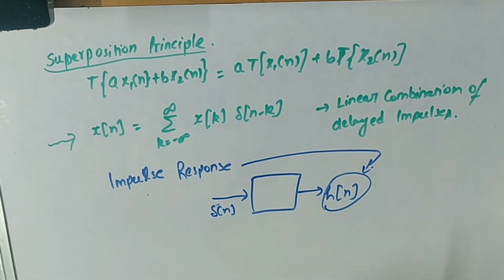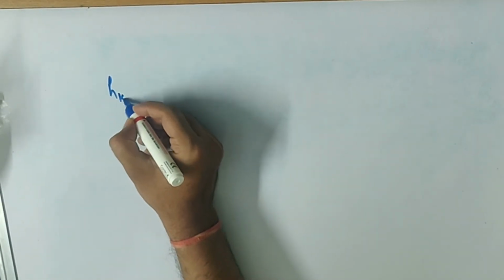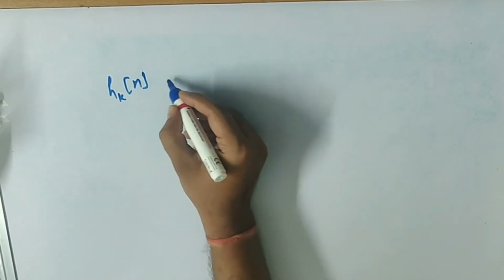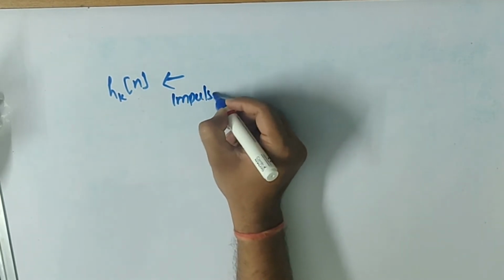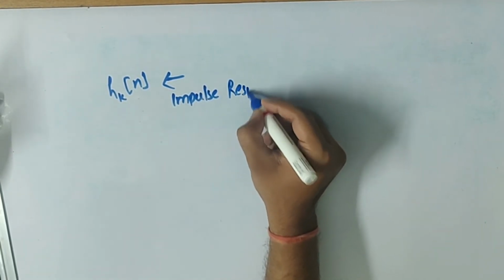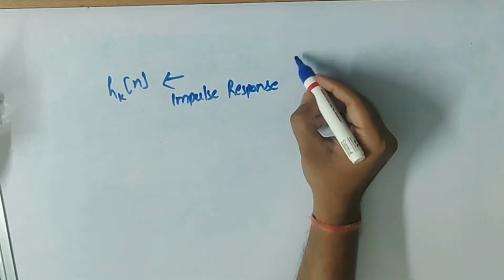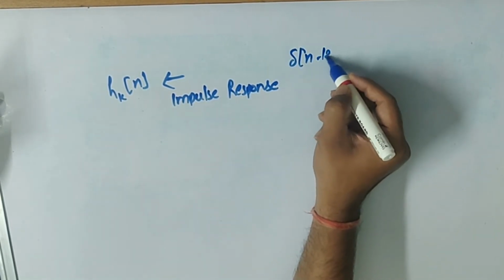Let's assume that h_k[n] is the impulse response when the input is delta[n minus k].